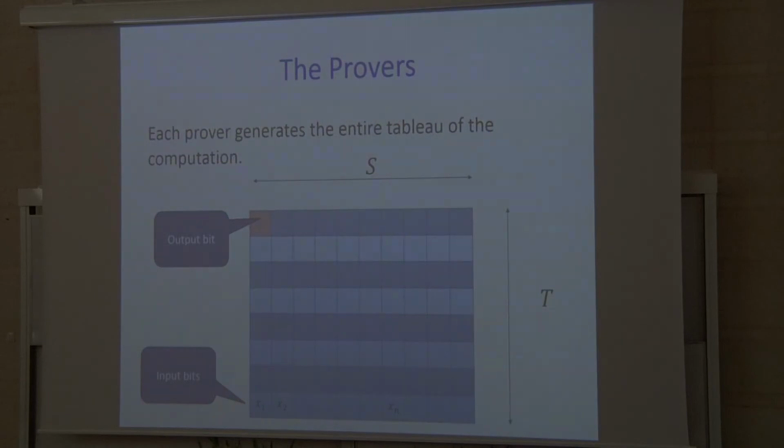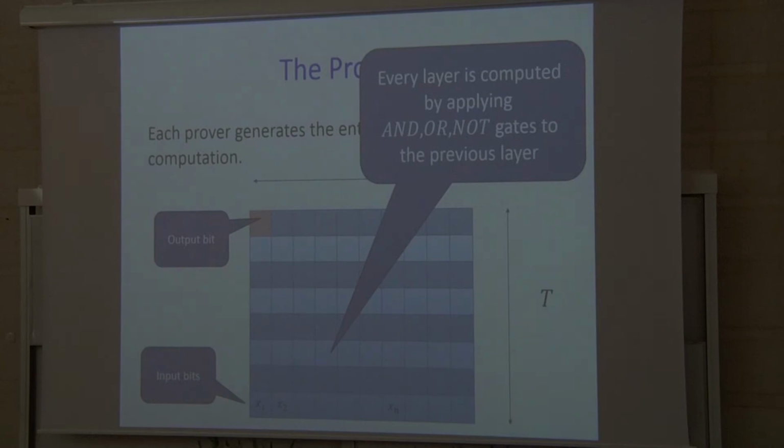We start off with the input. That's what we have in our tape, and every layer is just one move of the Turing machine. Okay, that's a tableau of the computation. I want to think of every layer as being computed by AND, OR, NOT gates applied to the previous layer. That's a standard notion.